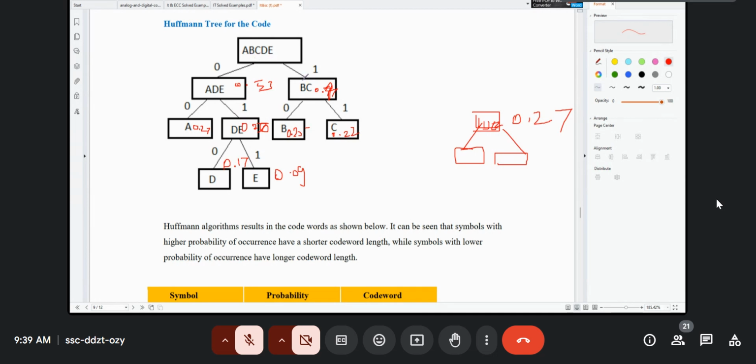I'm trying to see whether it will change. It will change. Actually, you can start from the top. Like here, we have started from the top. 0, 0. B is 1, 0. C is 1, 1. D is 0, 1, 0. How you get from the root to the leaf is 0, 1, 0. And this is 0, 1, 1.